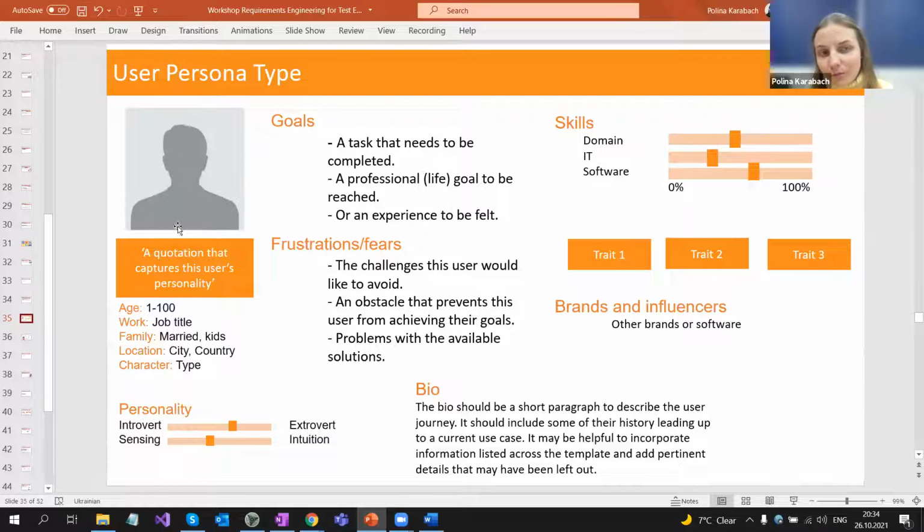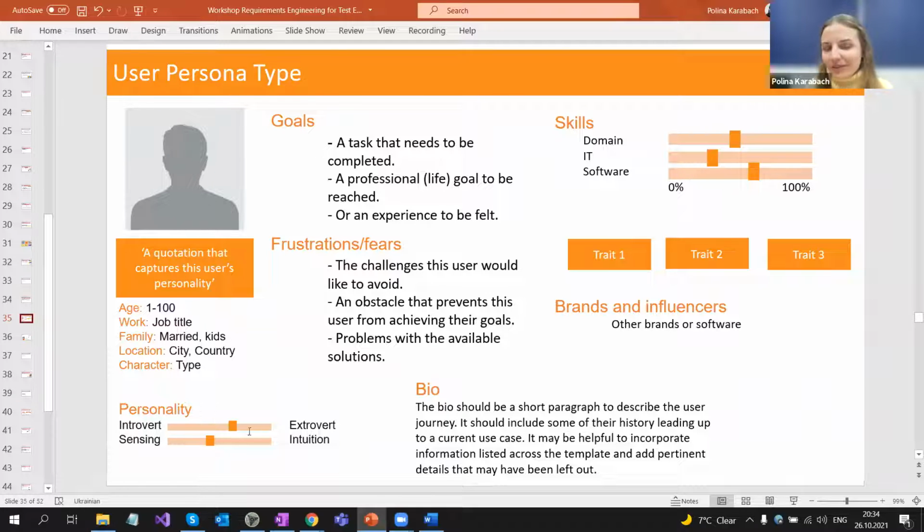So some photo is useful to understand the type of personality better, quotes of the person that he or she says, and goals, frustrations and fears, the skills, some different traits, brands and influencers that impact the person, biography, a description in a text, something about the person.